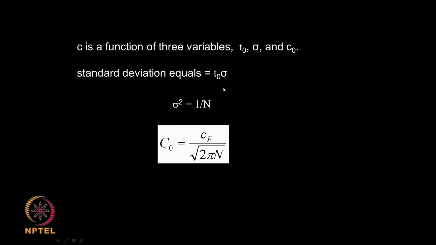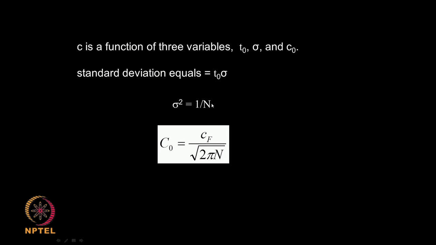When I get a chromatographic peak, I can calculate the number of stages using the width at the base or the width at half maximum, or if I know the standard deviation and the retention time, I can calculate sigma, and from there I can calculate n, the number of stages.